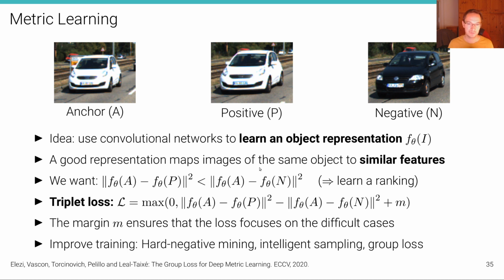So we want to find those and present those to the learning algorithm. And more recently, there has been a paper by the group of Laura Leal-Taixé called The Group Loss for Deep Metric Learning that also tackles the problem of efficient learning for this triplet loss.